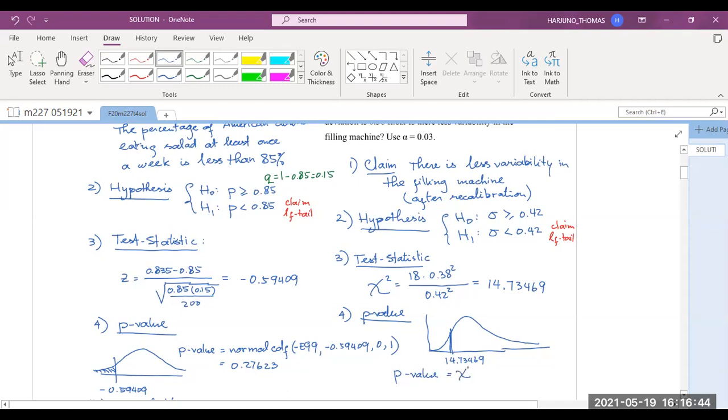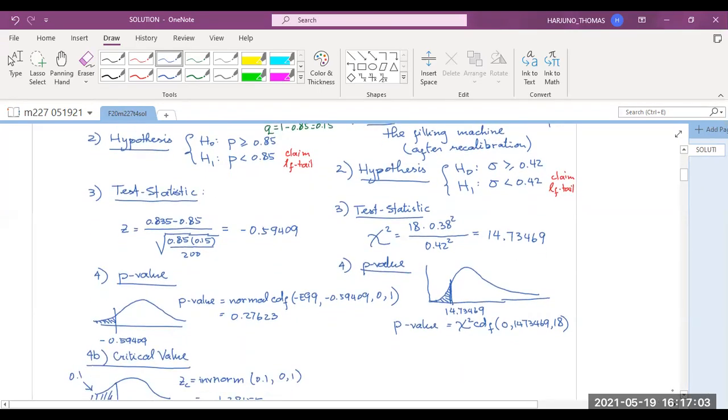That's chi-squared CDF from 0 to 14.73469, degrees of freedom 18. So chi-squared CDF, lower bound is 0, upper bound is 14 point something, degrees of freedom 18. I get the p-value to be 0.31990.